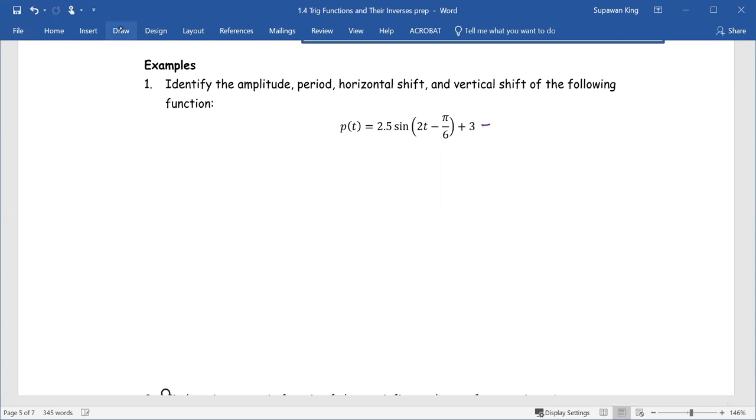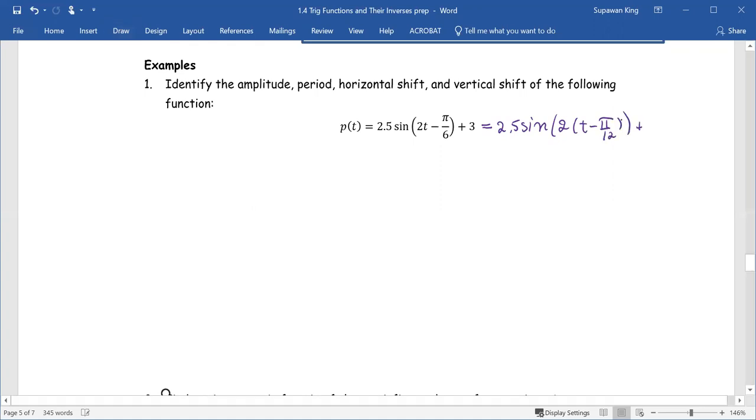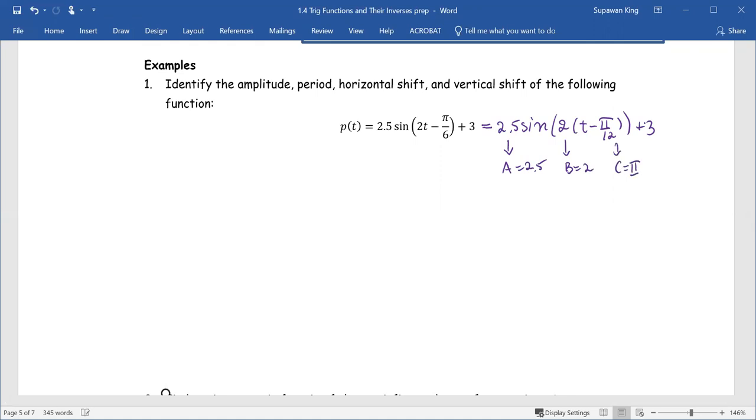We're going to rewrite it in a form that we can tell what A, B, C, and D are. So 2.5 times sine of 2 multiplied by the quantity t minus pi over 12, plus 3. That tells us A is 2.5 and B is 2. C is pi over 12 and D is 3.